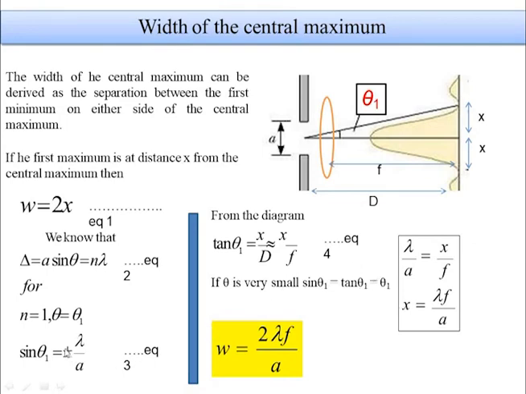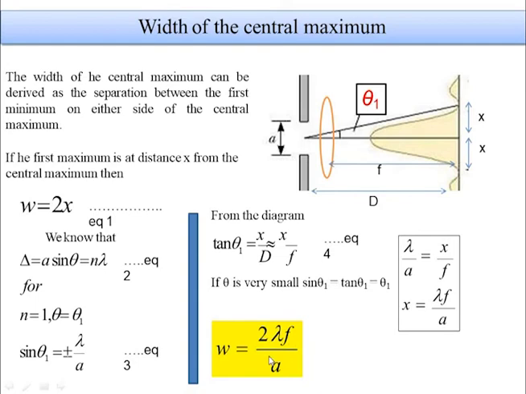So on comparing these two equations, what will I get? Theta 1 is equal to lambda by a, which is equal to x by f. From this I can find out x, that is lambda f by a. So the width of the central maxima is 2 times x, that is 2 lambda f divided by a.